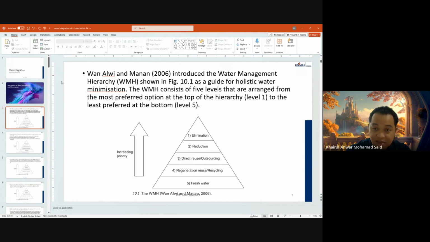One of them is water cascade analysis, shortened as WCA. There are five types in the water management hierarchy.